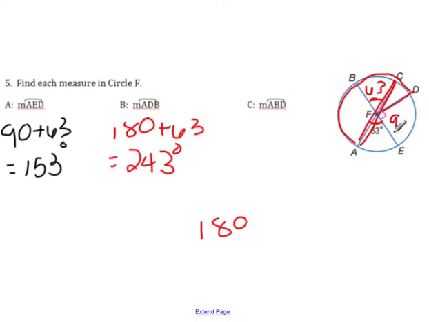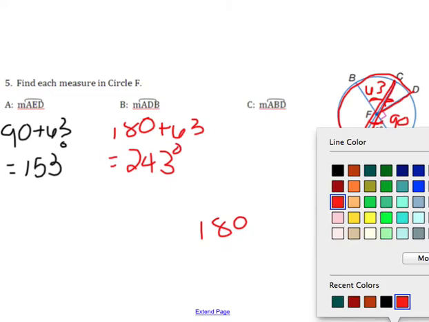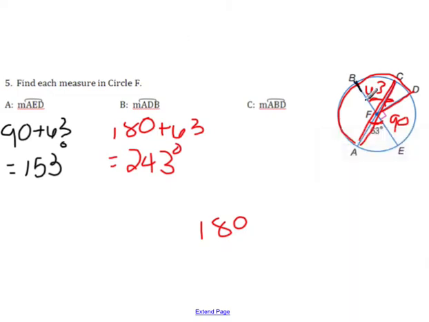Then we know that this one is 90. So how do we get this little nugget in there? Well, I notice that these three angles that I just found add up to 180. So I have 180 is equal to 63 plus 90, and let's just say plus x for that little bit there. When you solve for x, you end up getting that that angle right there is 27 degrees.